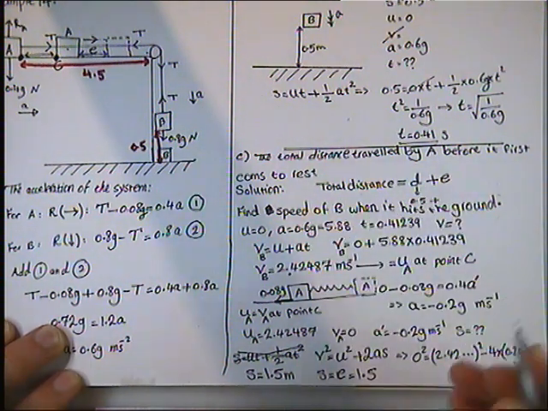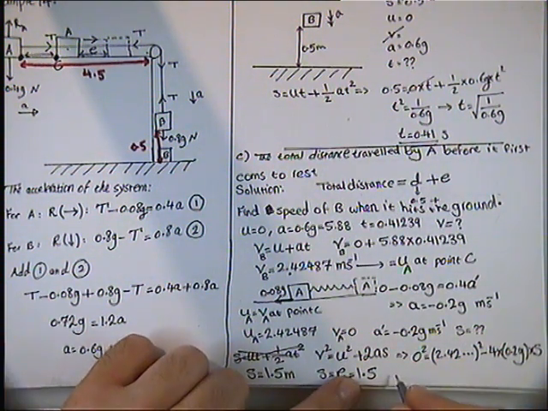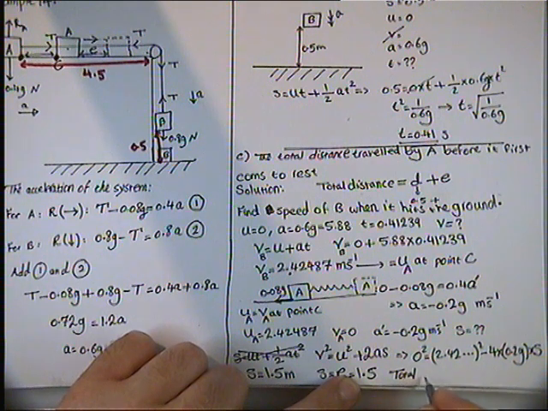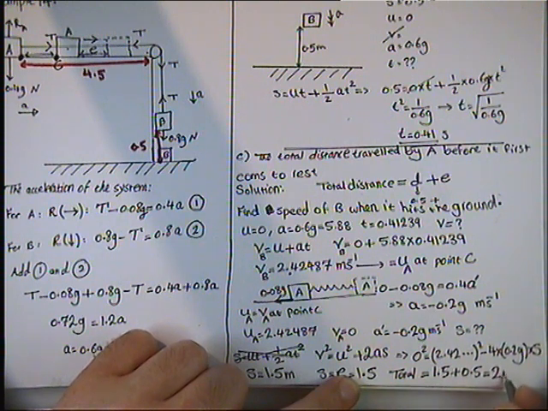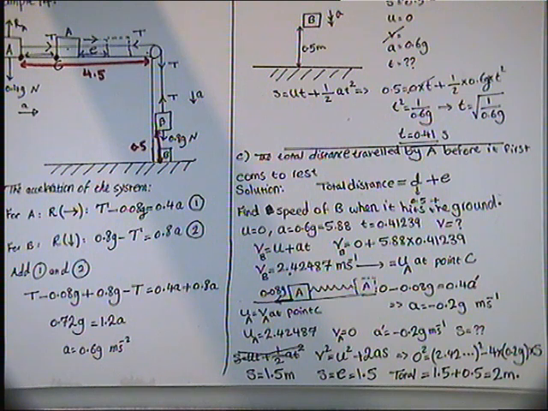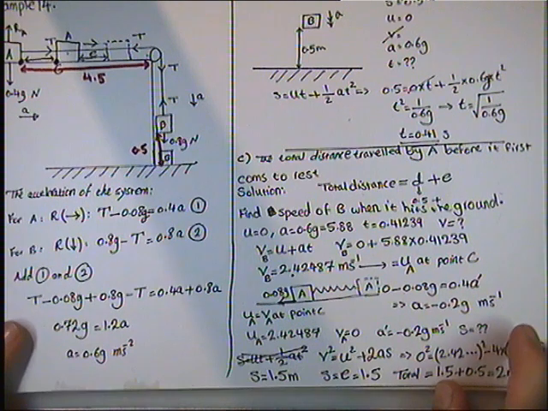Therefore, the total distance traveled by A will be 1.5 plus 0.5, which is 2 meters. Which means it wouldn't hit the pulley at all.